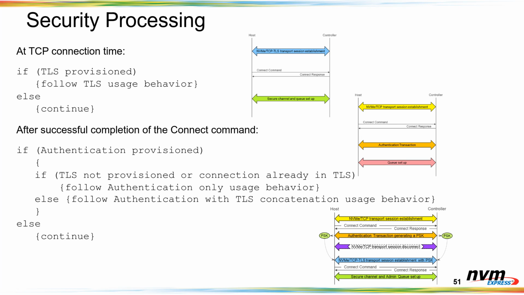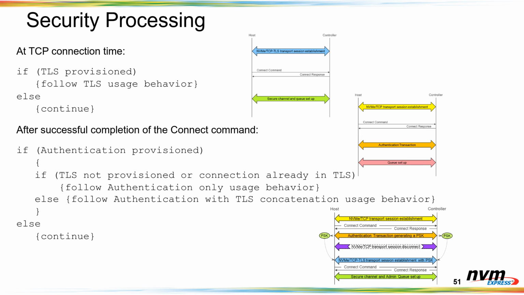So this is the full security processing that a host or a subsystem are doing when basically they set up a TCP connection type. If TLS is provisioned and can be used, then we follow the TLS usage configuration. After successful completion of the connect command, if authentication is provisioned, then we follow the authentication only usage configuration.